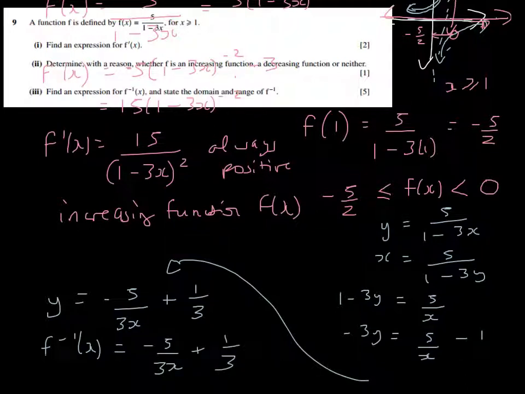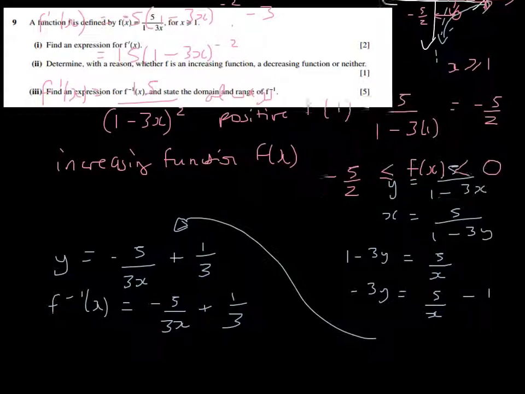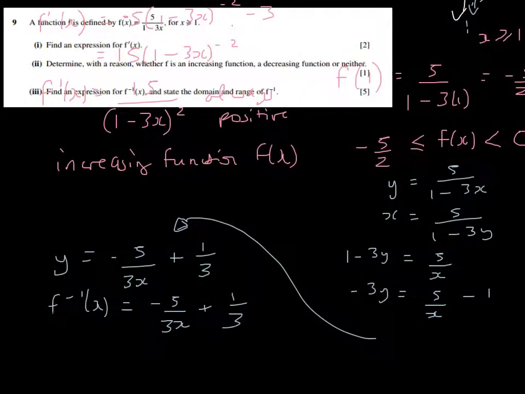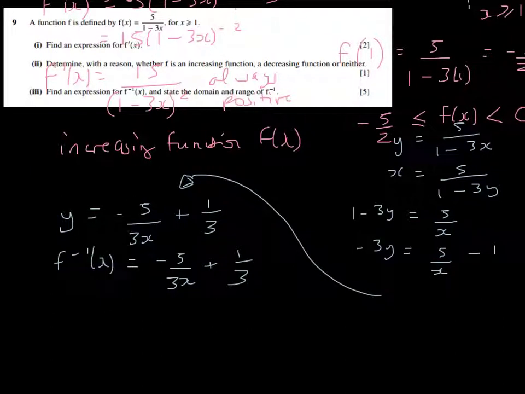And then I need to restate alongside that what the domain and the range are for my final function here. So my domain is going to be what the range was before.